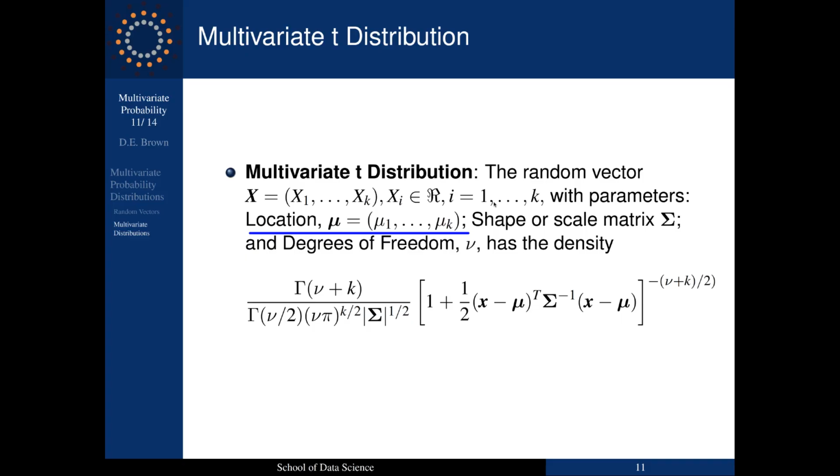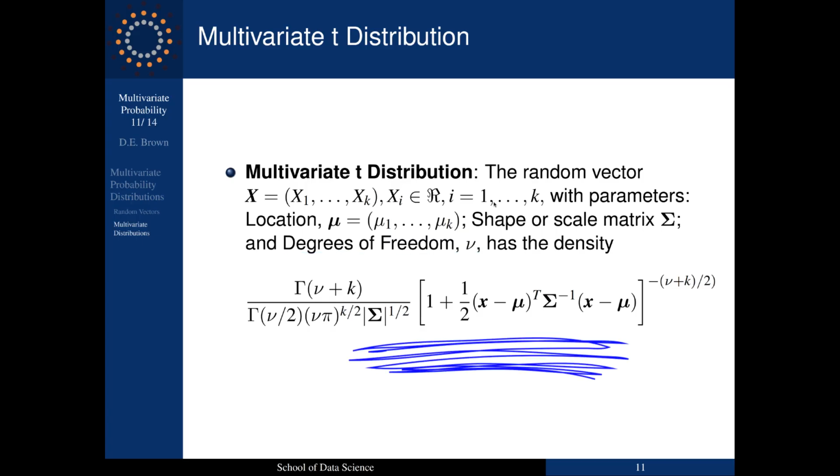The vector is the location, which is given by mu. We also have a matrix parameter, which is called the shape or scale matrix. And then we have the scalar parameter, which is still the degrees of freedom. And the probability density function is as shown.